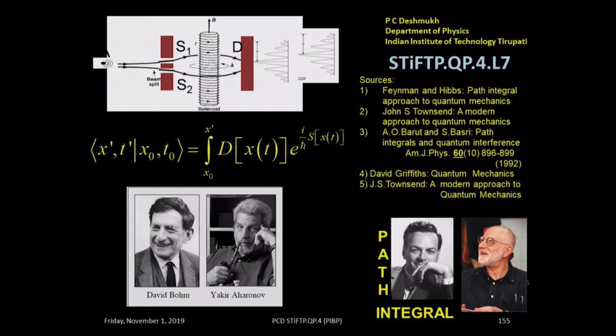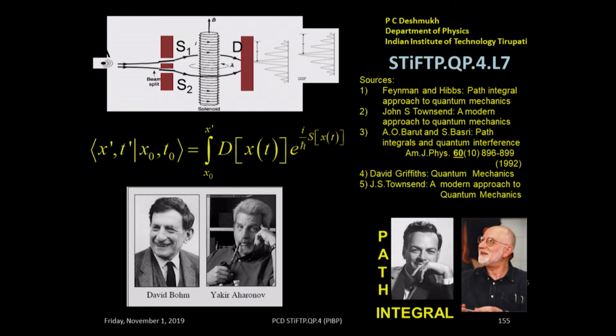In the Aharonov-Bohm effect, we have these particles, as you see in this picture, entering the double slits, and they would generate an interference pattern.